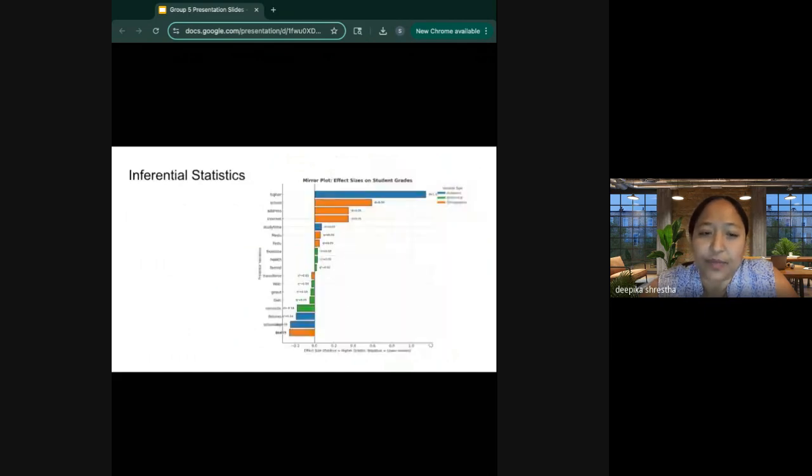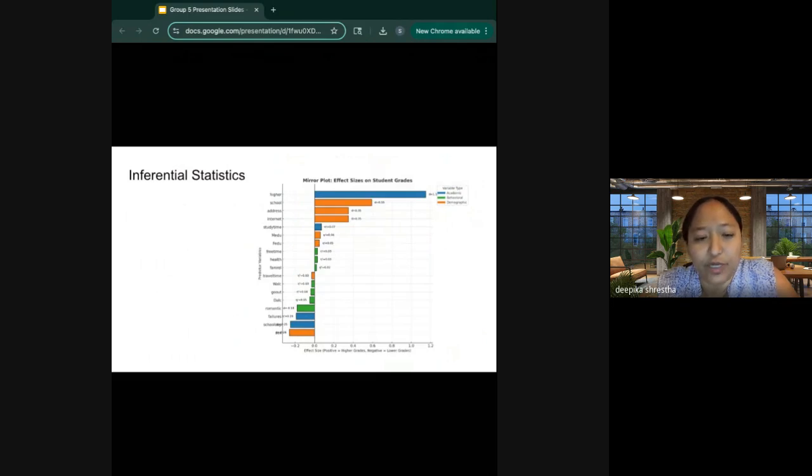We then tested which of these patterns were statistically significant. We found that students aiming for higher education consistently outperformed peers. As expected, past failure and consistent study habits drove results, and parental education, especially mother's education, had meaningful influence on their child's academic success.